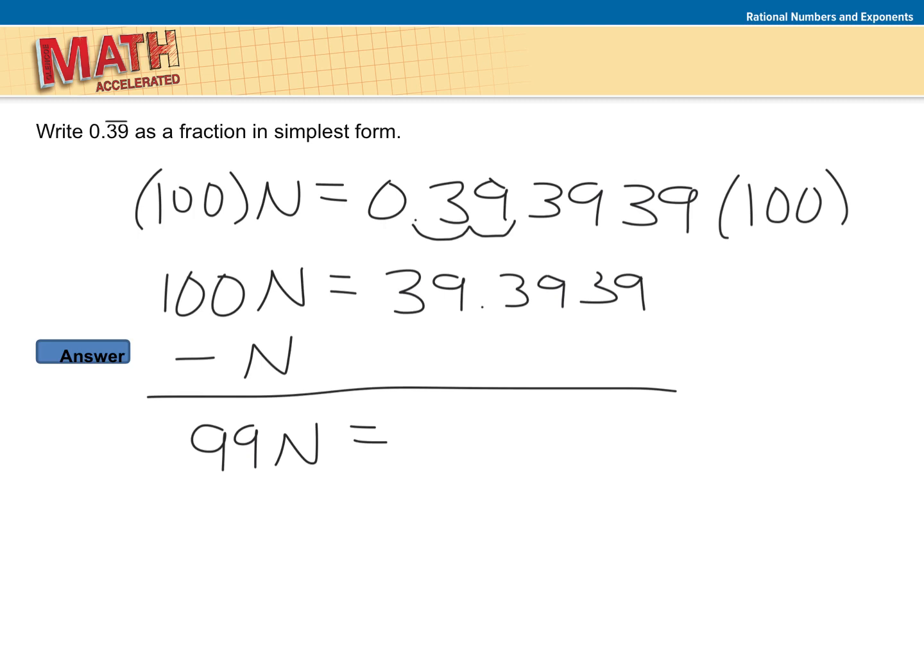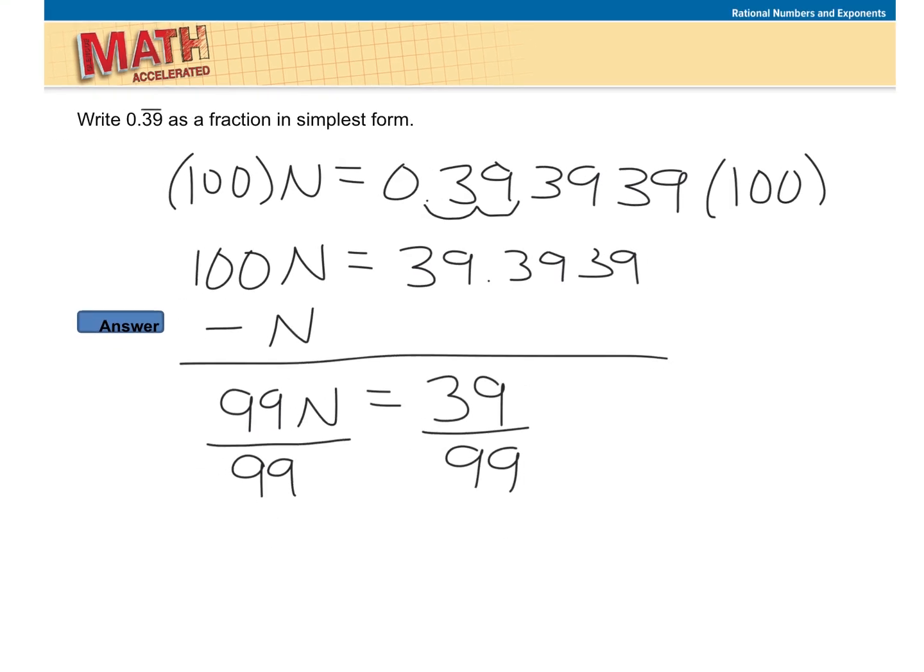The repeating number. So what am I left with? 39. Just 39. Repeating numbers are gone. Okay. What's my last step to get n by itself? Divide by 99. So our final fraction is 39 over 99.